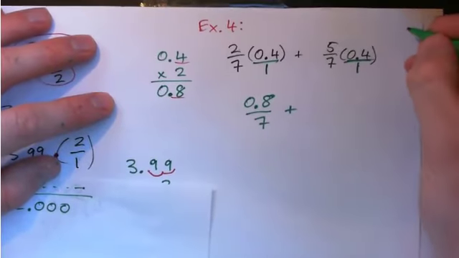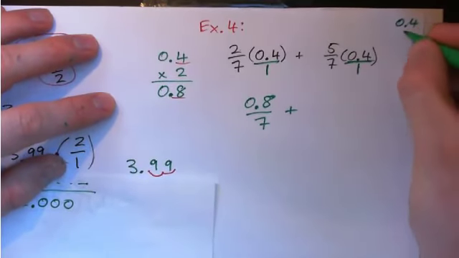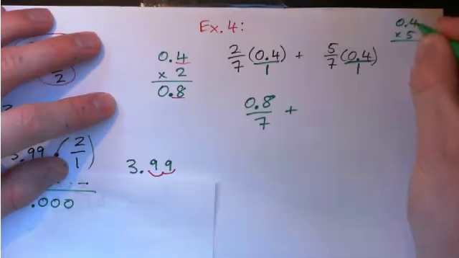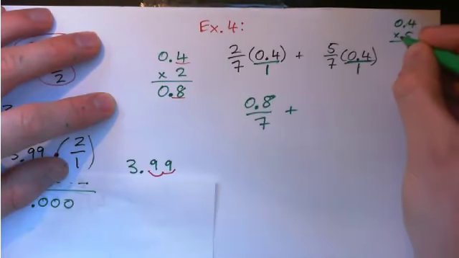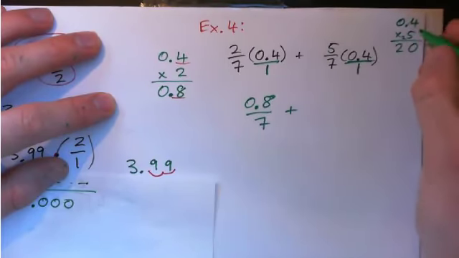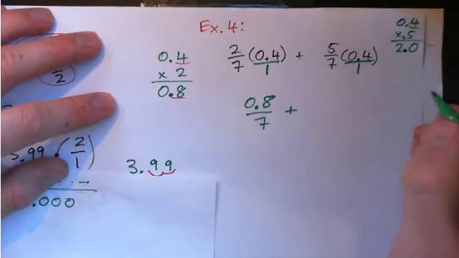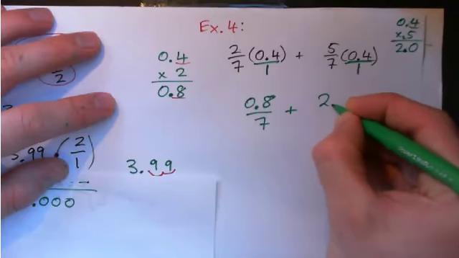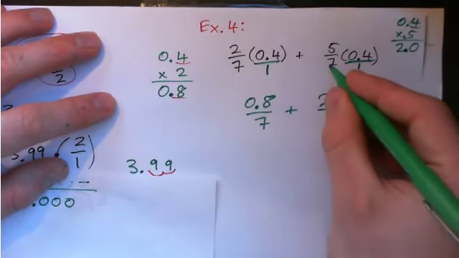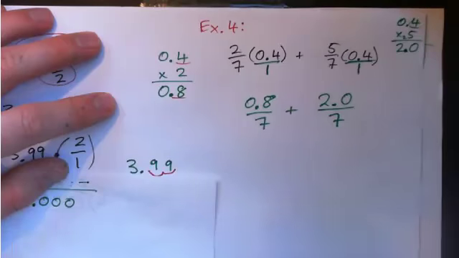So we've got to go 0.4 times 5. 5 4s is 20. 0, carry the 2. 5 zeros is 0 and 2 is 20. And it's 1 decimal place, so 2.0. So I basically get 2, or you can even write 2.0, whatever, over 7 times 1 is 7, right?